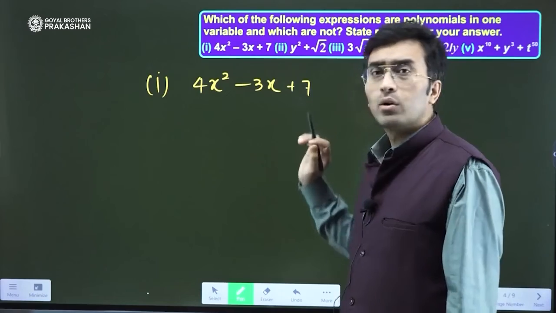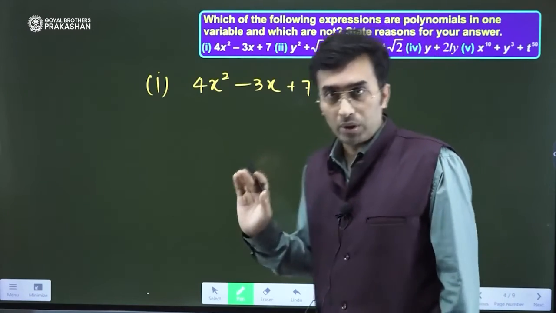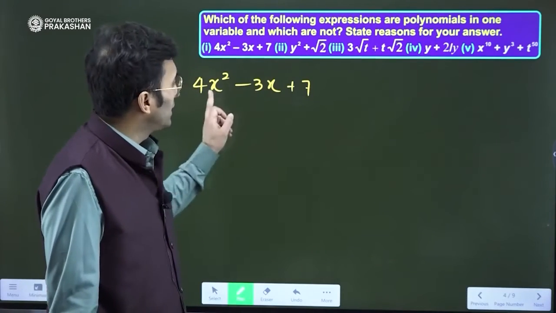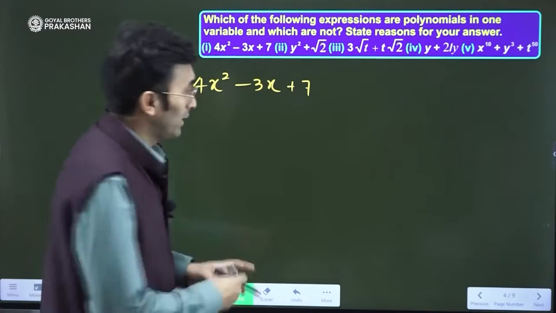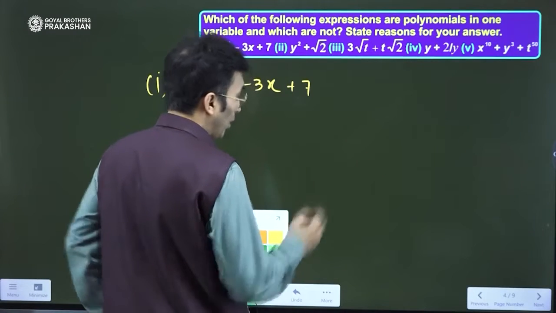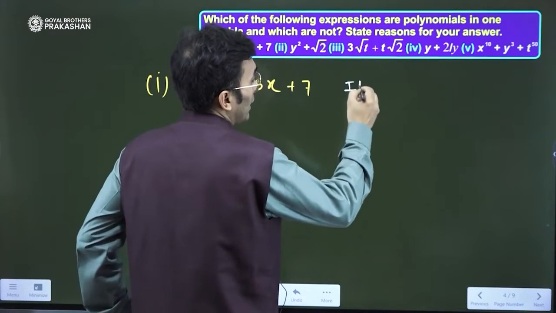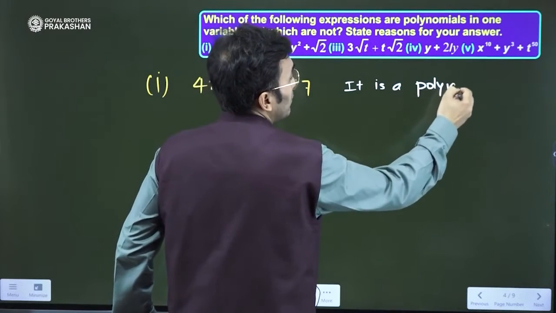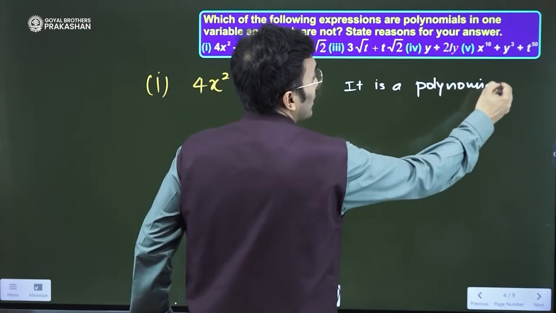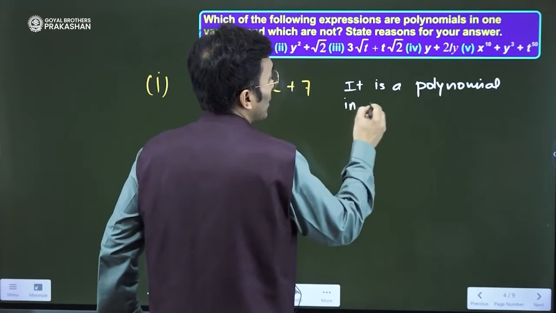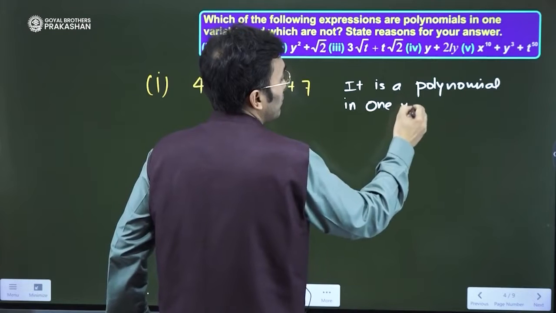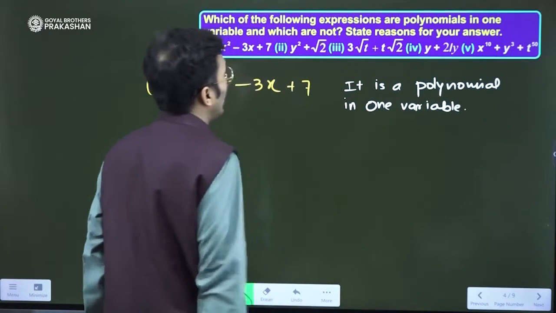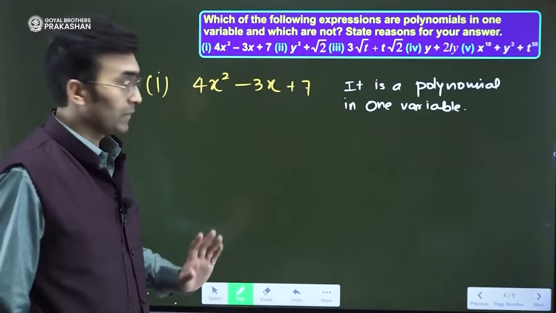The powers are whole numbers, so it is a polynomial. And there is a single variable, that is only x. So it is a polynomial in one variable. Okay, got it.